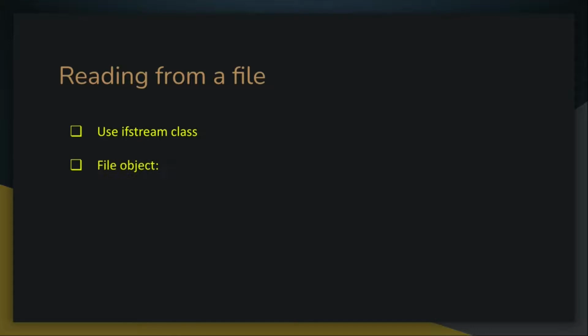And then you want to create an object first, because you want the object of that file so that you can start dealing with that file directly, using that object for either writing or reading. In this case, we're going to be reading from the file, so we're going to use an ifstream class, then specify the name of the object, and then the file name. Same thing, the file name is supposed to be a string, whatever is inside the parentheses of the file object.